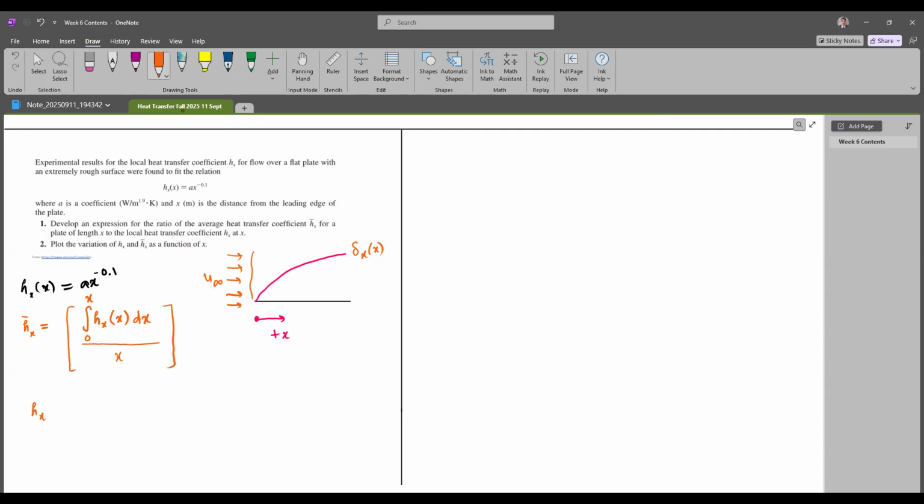So hx bar would be integration 0 to x a times x raised to the power minus 0.1, times 1 over x. Now if we integrate, we are going to get x raised to the power minus 0.1 integrated, so it will be a times x raised to the power 0.9 over 0.9.